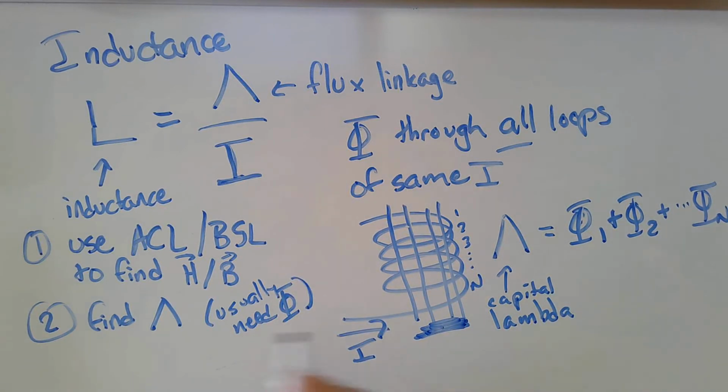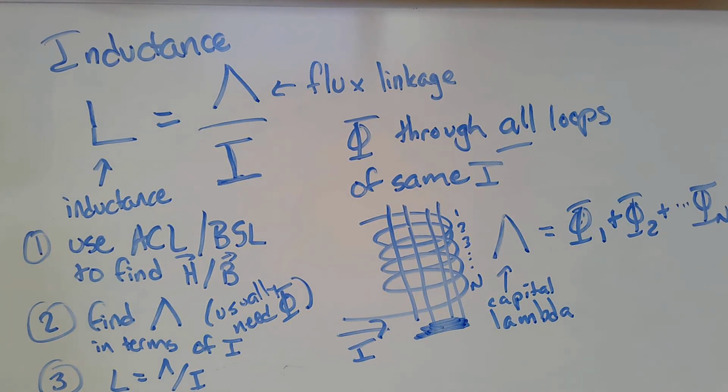And you do that in terms of the current. And then lastly, you divide the flux linkage by the current. That's how you calculate the inductance of any old thing.